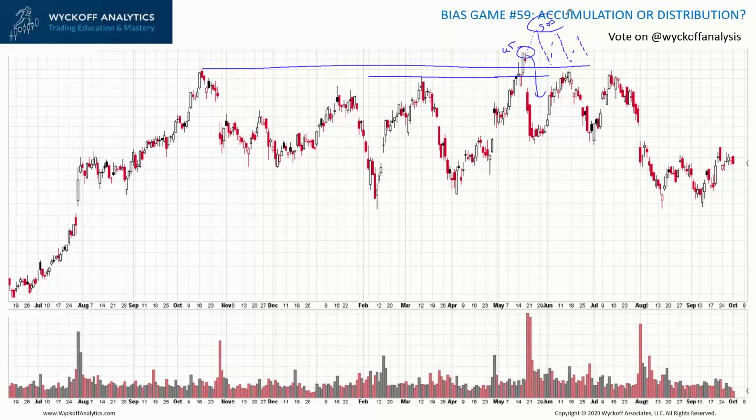So those could be two different events, and that's why it is important to have a very strong understanding of the basics of the Wyckoff methodology and tape reading in general if we want to apply price structural analysis and price volume analysis. So what does happen?